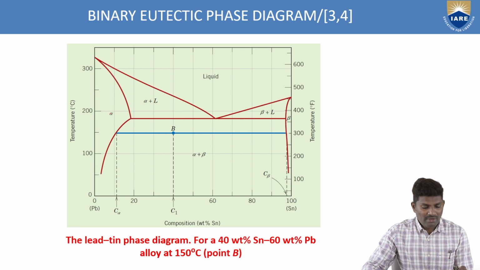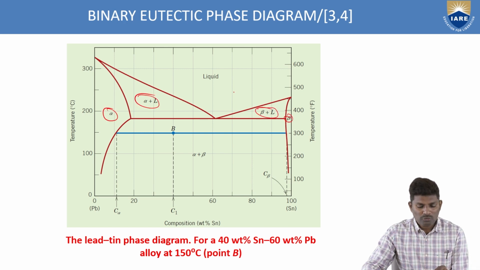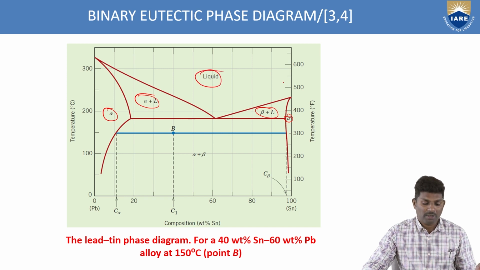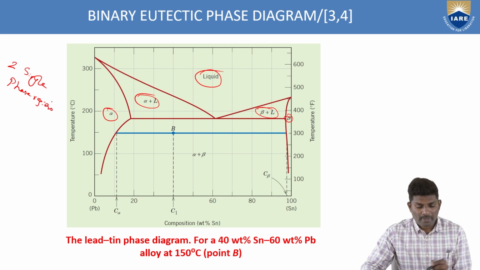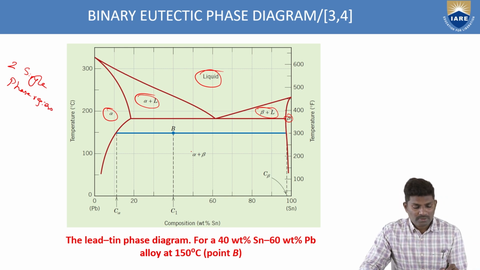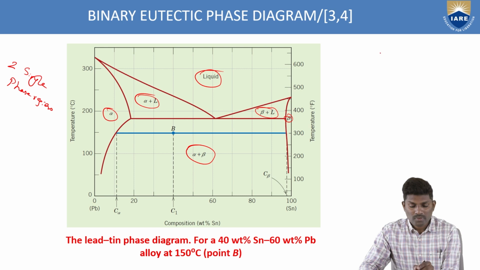So here you have regions 1, 2, 3, 4 and 5. That means 2 single phase regions and 4 two phase regions.